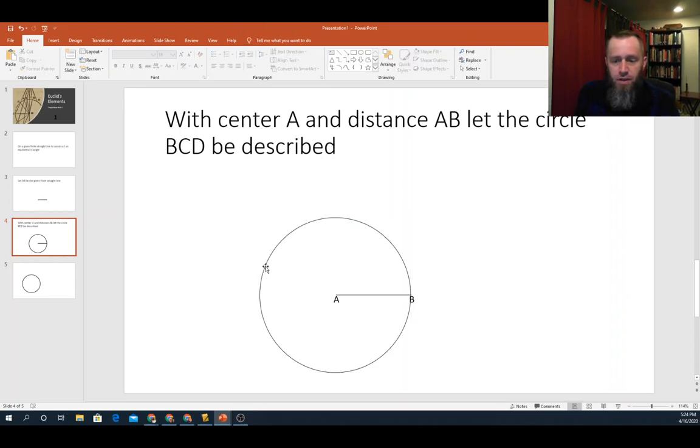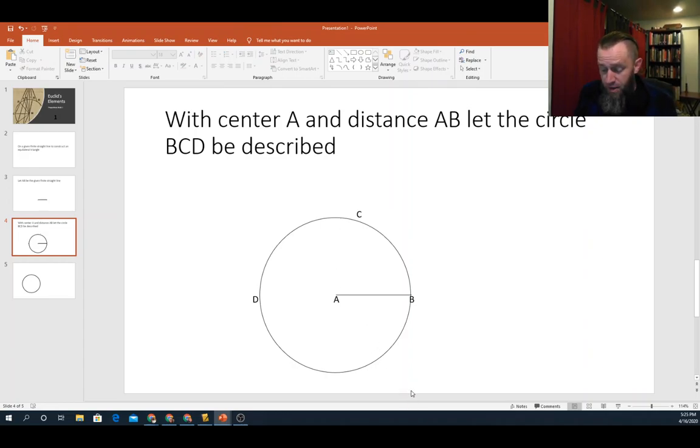I'll put a D over here, just so you know what circle we're talking about. And I'm foreshadowing here, but to make my own life easier, we'll put the C kind of up here-ish. I have to move it again a little bit, but that's not too bad.